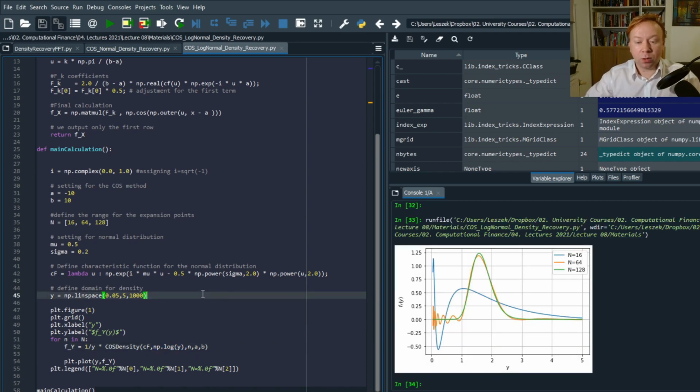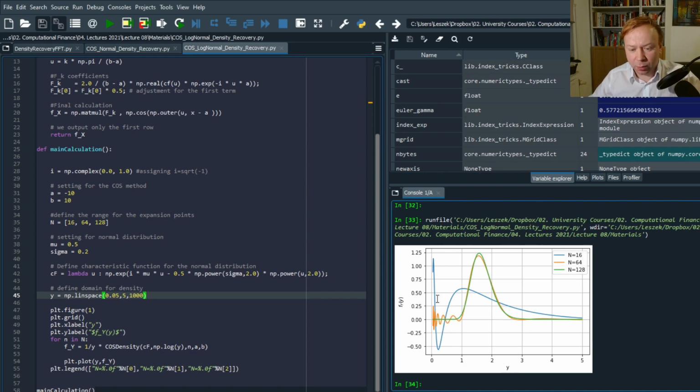So if we run this code, we see that the results are much different than what we have seen before. We see that there are many more oscillations, especially around zero. This is the phenomenon which I have just mentioned: once we are at some kind of singularity, oscillations may be present, especially if we don't have enough terms.